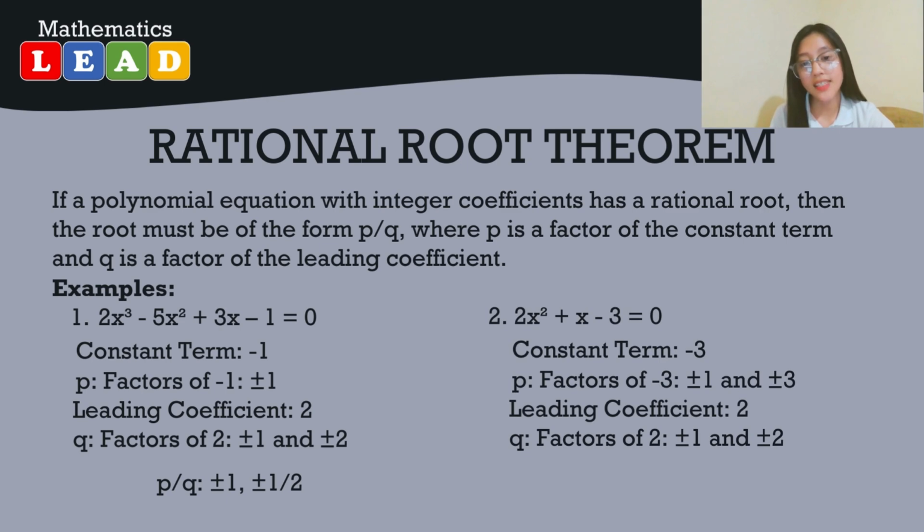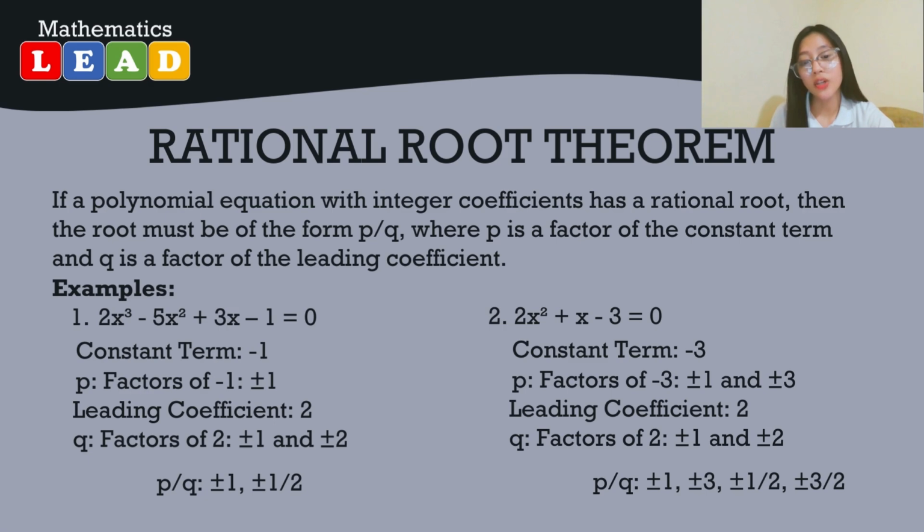And the next example is 2x squared plus x minus 3 is equal to 0. Our constant term is negative 3, and our p-value, which is the factors of negative 3, is positive negative 1 and positive negative 3. The leading coefficient is 2, and our q value is the factors of 2, which is positive negative 1 and positive negative 2.